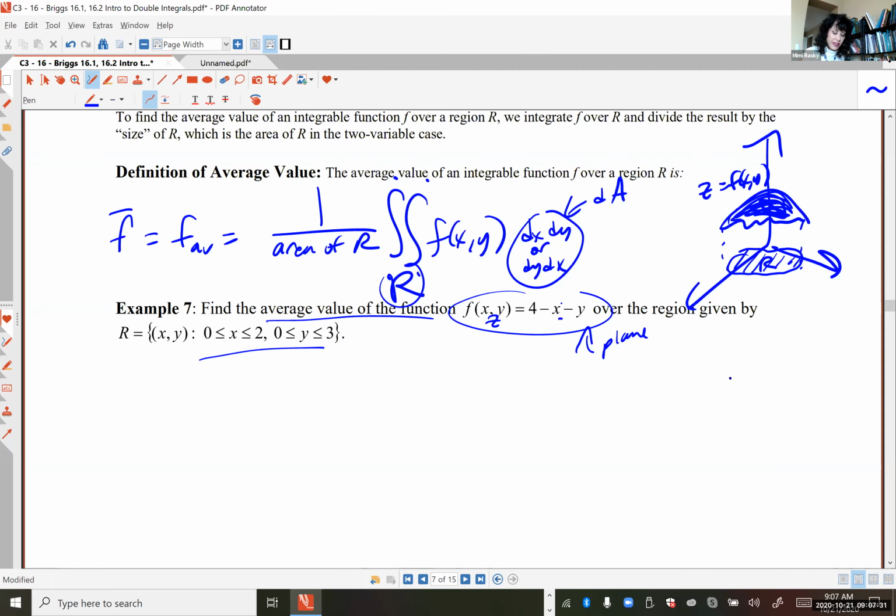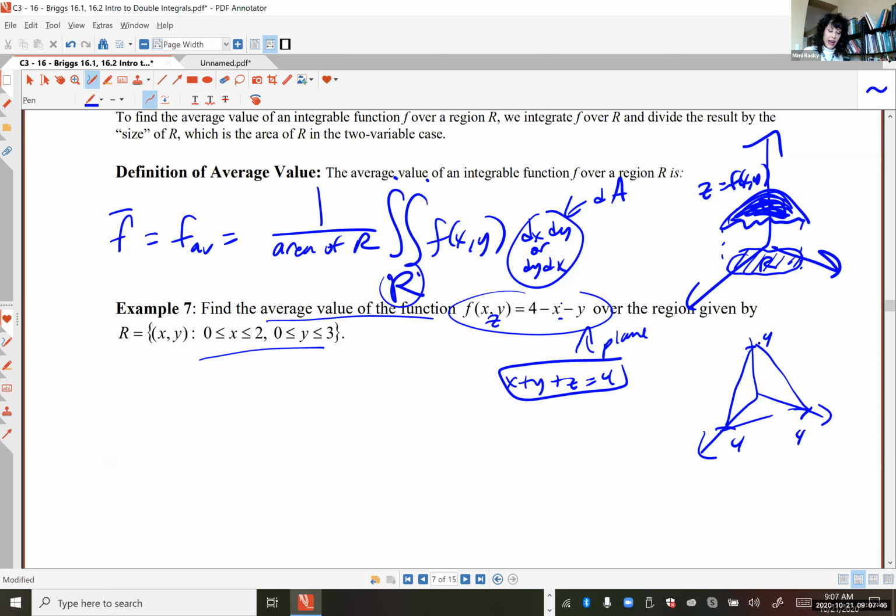So if I had to graph that plane, you guys all know how to graph planes. If you added x and y to both sides and just sort of rewrote it, it looks like that. And so I hope you can see that a portion of the plane just looks like that. But we want the average value of z where this is hovering over a region here in the xy plane.